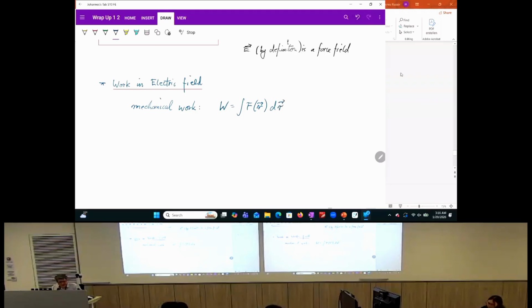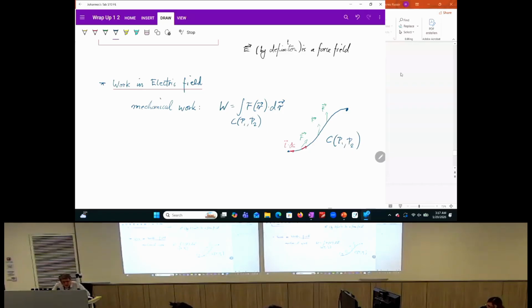So the path is defined by C from P1 to P2, and we have seen that if you have such a path here, which is of random shape, then you have in this force field some force vectors, and you have to integrate taking small segments along this path, and these segments are basically tangential to that path.